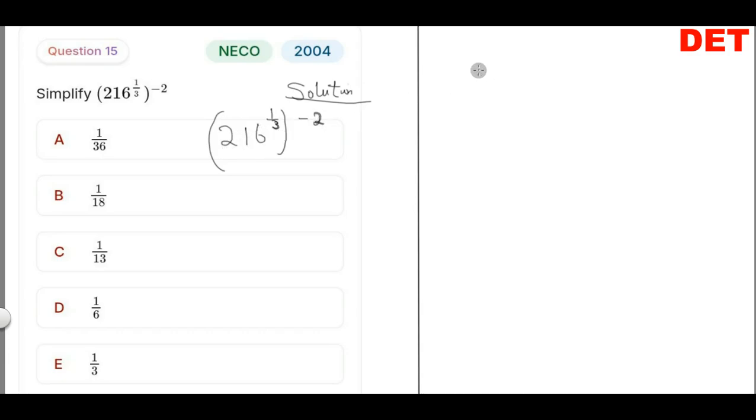You should know that 216 raised to the power of 1 over 3 is the same thing as the third root of 216. X raised to the power of 1 over 3 is the same thing as the third root of x. This is another way to write it.